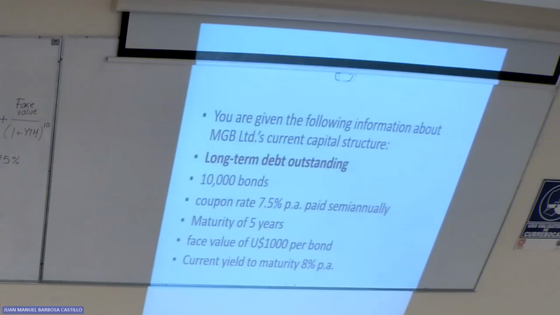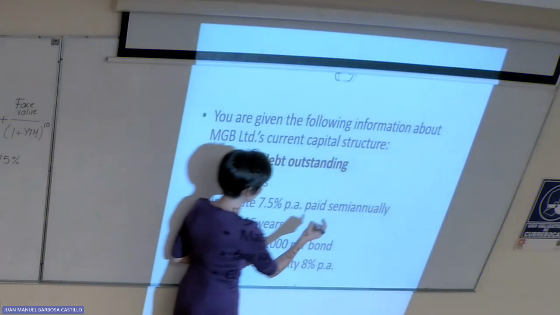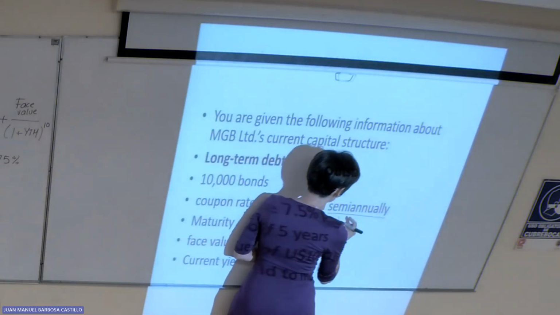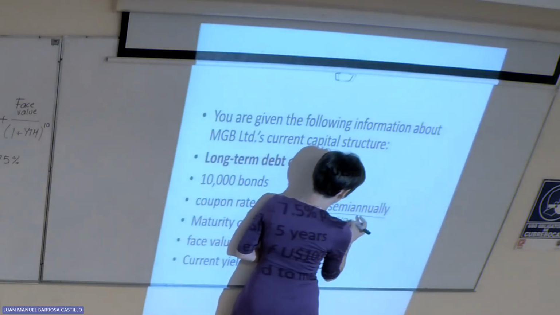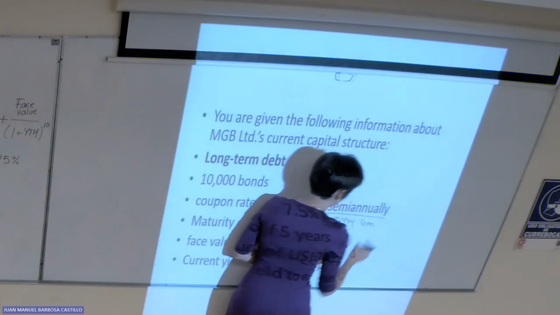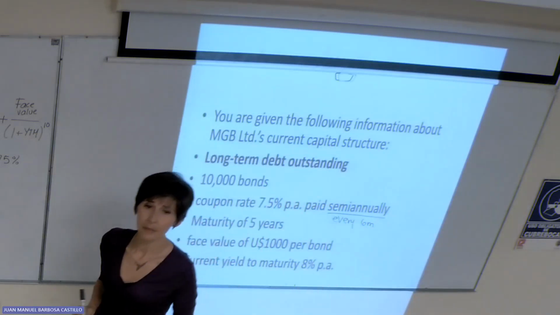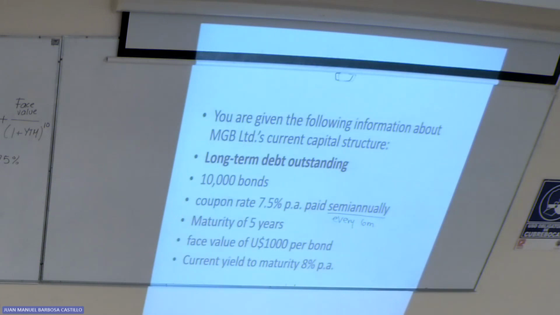Can anyone tell us why we are dividing the yield to maturity by 2? Because the coupon is paid semi-annually. Because the coupons are semi-annual, so every 6 months. So we need to discount semi-annual cash flows using semi-annual discount rates, right?